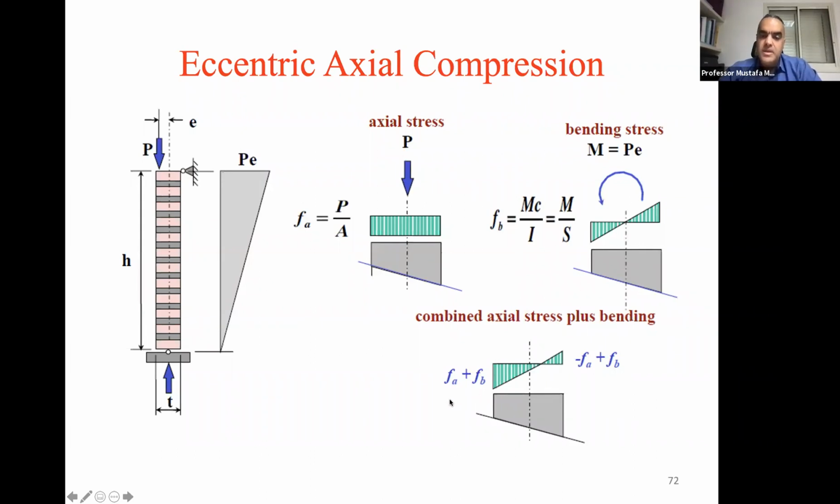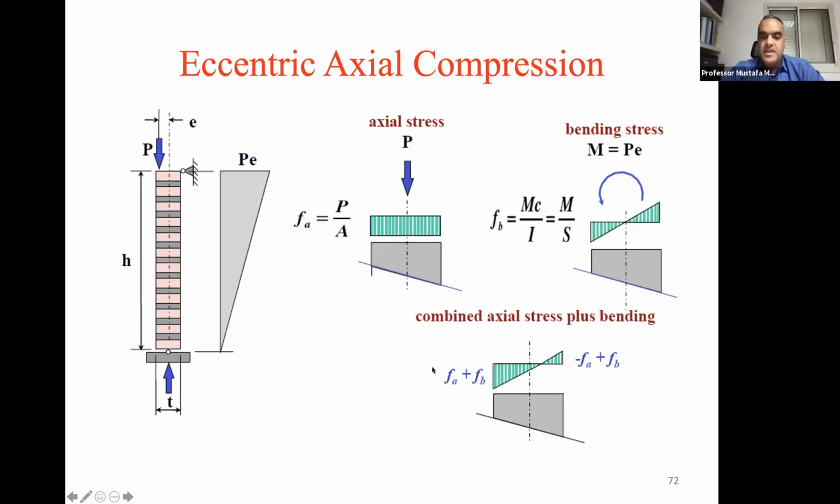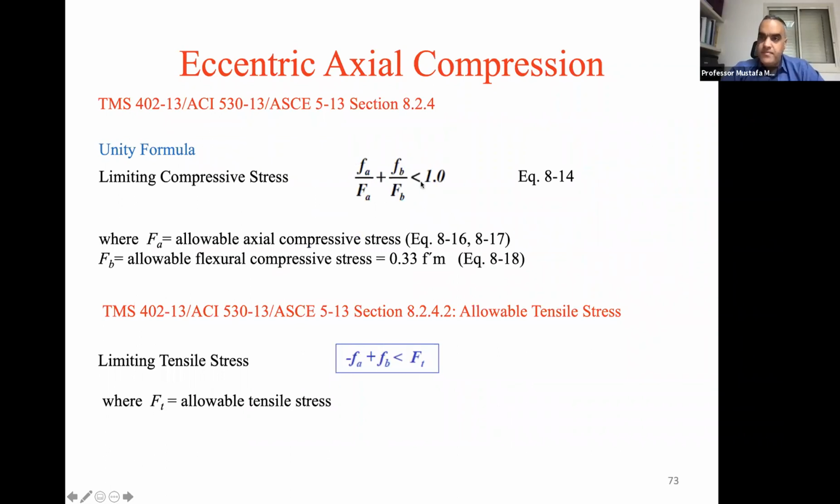So we have to check whatever we have and compare those with the allowable limits that we discussed before, and some that we will discuss that are related to tension. And here they are. If the stresses are, for example in this case, F sub A plus F sub B, both in compression, then we have to check this equation to see if it's satisfied or not.